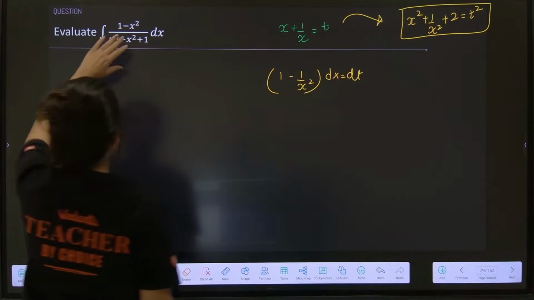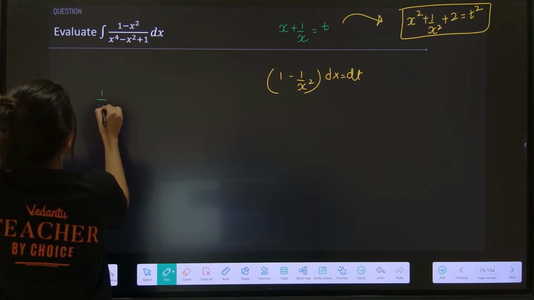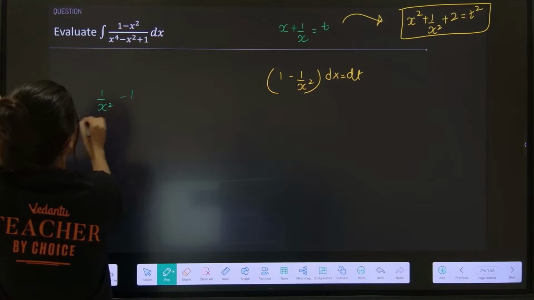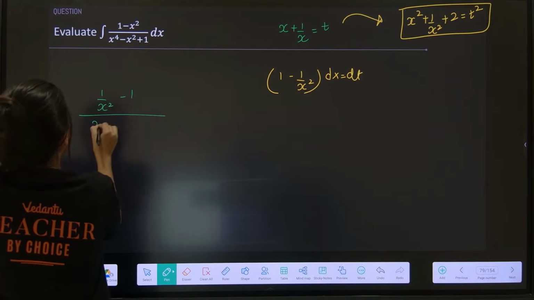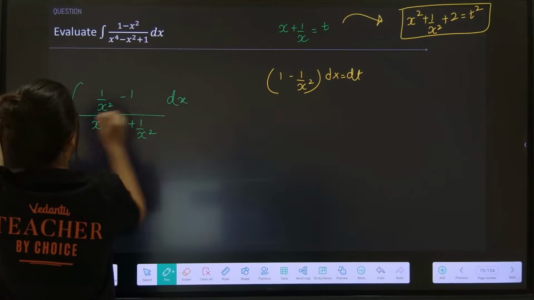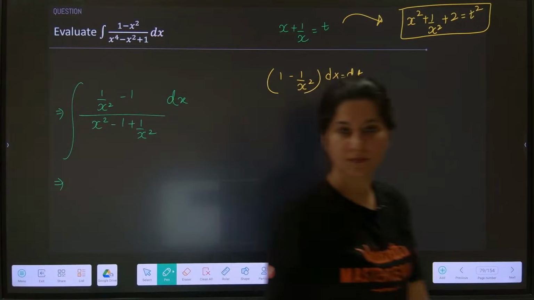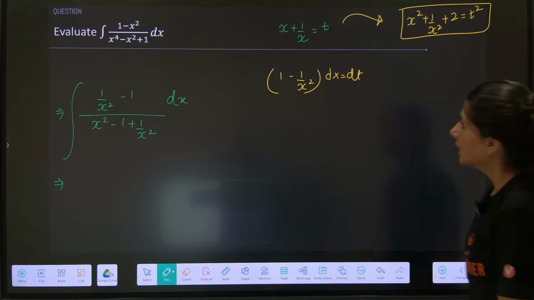Now what you need to do is take first of all x square common or divide by x square. So 1 by x square minus 1 whole upon x square minus 1 plus 1 by x square dx. Now this is what?